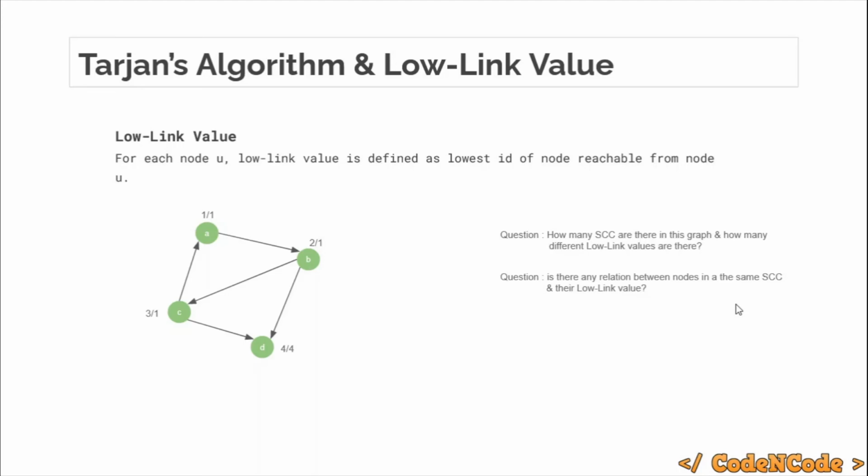Also, if there are X number of different low link values, then there will be X number of strongly connected components. Again, this will be true after we apply the restriction suggested by Tarjan.